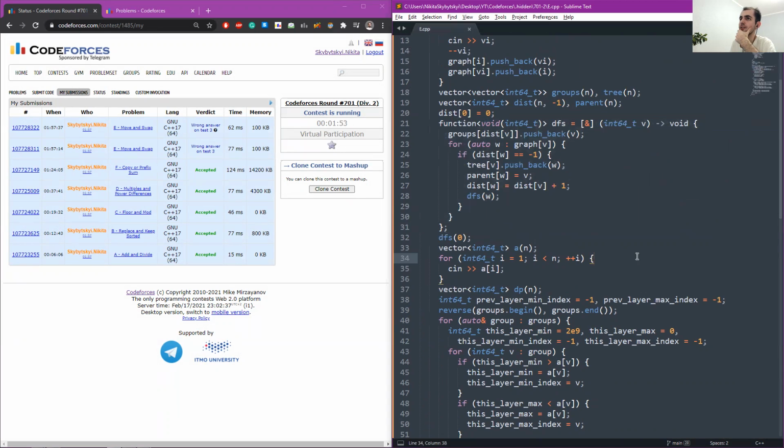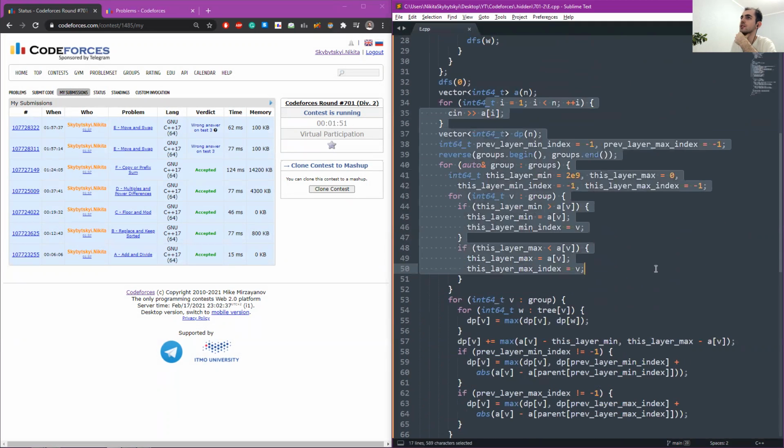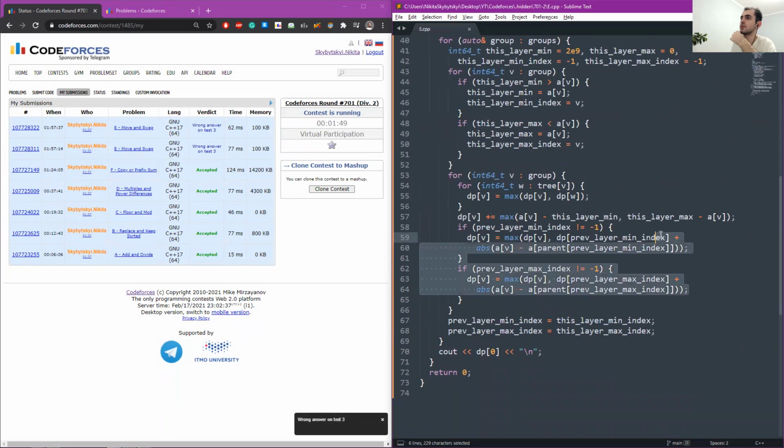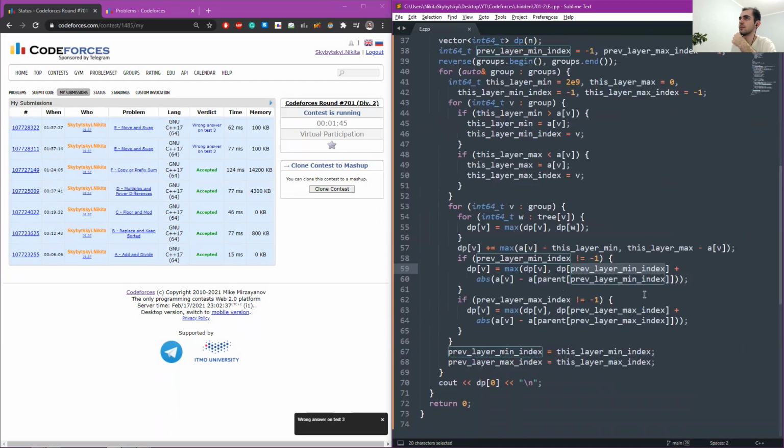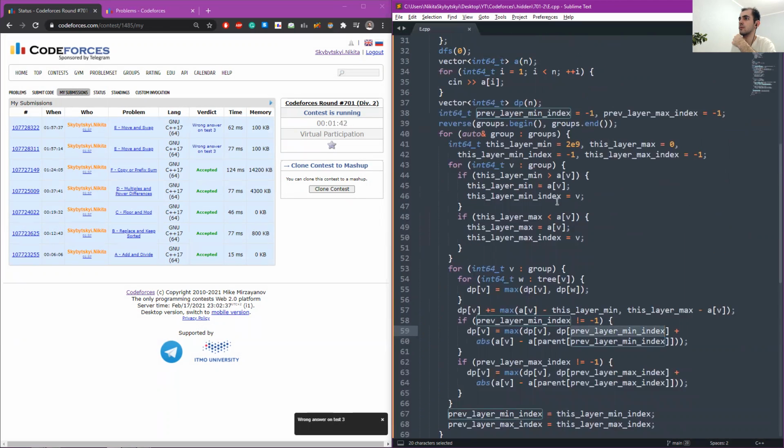I think this part is correct. And this is just a greedy that does not work because you want to go to different prefixes. You want to go to whoever has the best DP value.